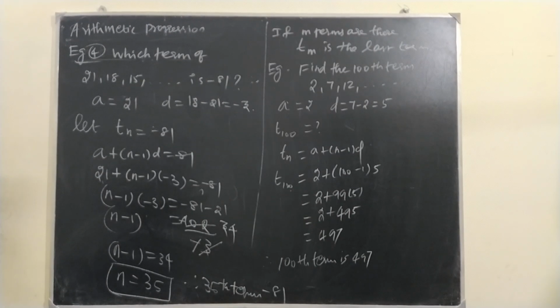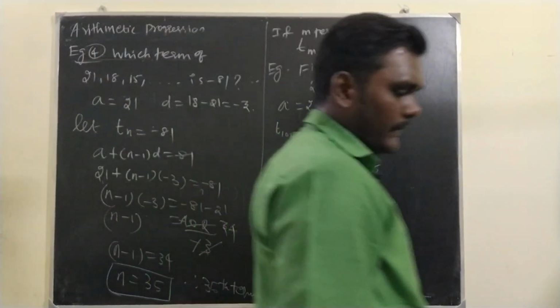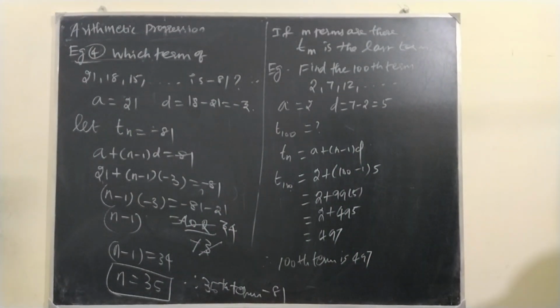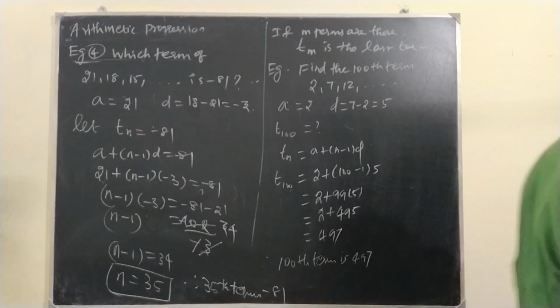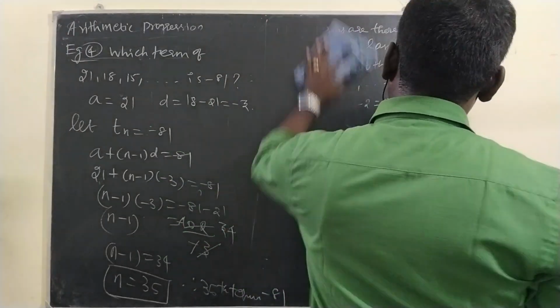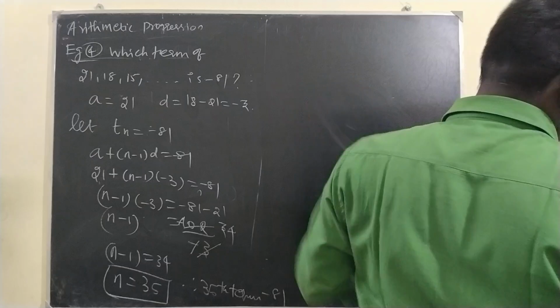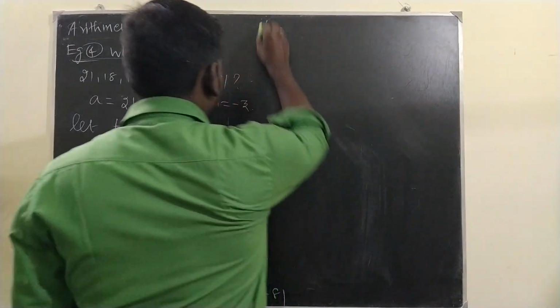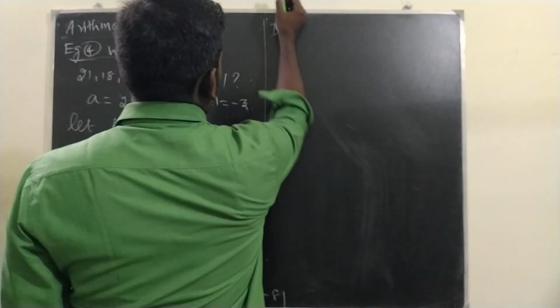Okay. Got it? Any doubts in this? Okay. Determine the AP. Example 5. Determine the AP whose third and seventh terms are given.